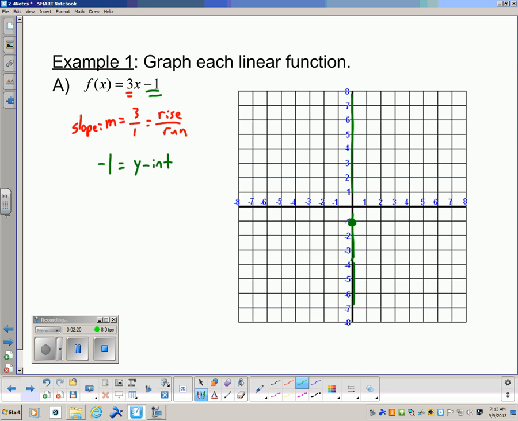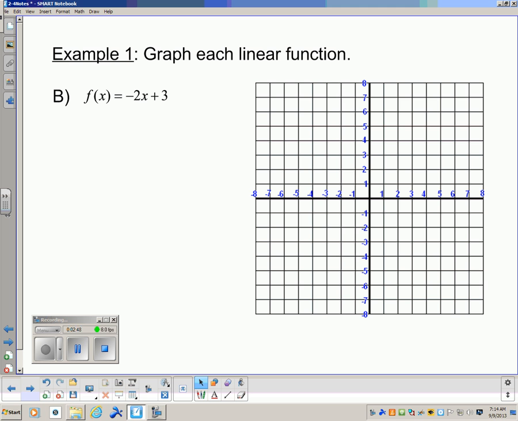And then from that, I'm supposed to rise 3, so 1, 2, 3, and run 1. Rise 3, run 1 to the right, and connect your points. And I only need 2 points to determine a line. I just kept it going so that you could see how to do your slope there.